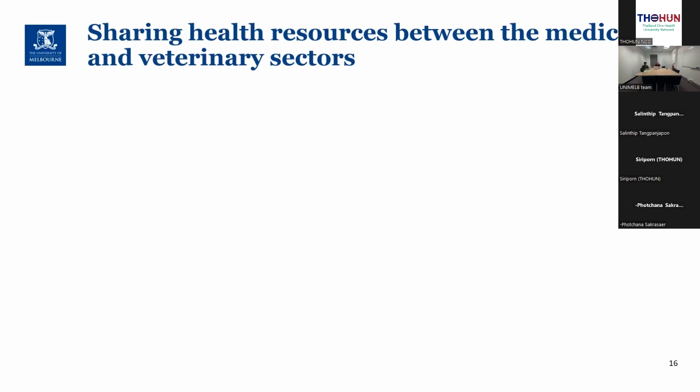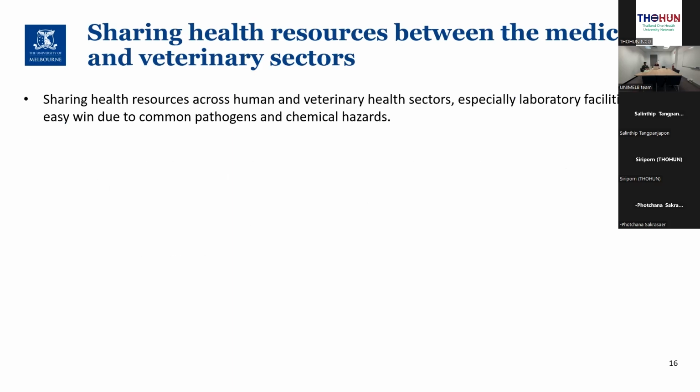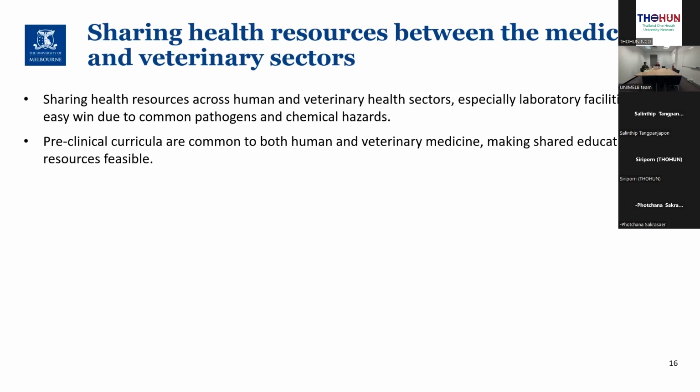So her first one is a bit like we discussed in the first paper about the pastoralists in Chad. So sharing health resources across human and veterinary sectors, especially in laboratory facilities, is an easy win due to common pathogens and chemical hazards. She also points out that the curriculum is quite similar in the early stages for lab technicians in both veterinary medicine and human medicine.